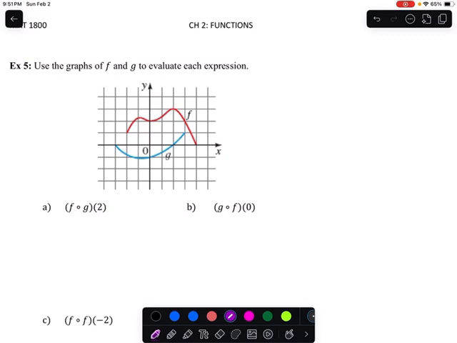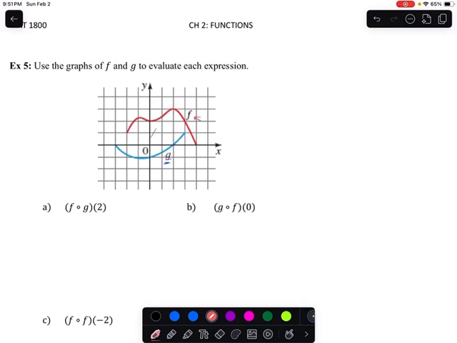So we are given the graphs of two functions here. The blue one is for g and the red one is for f. So f is the red one, g is the blue one.